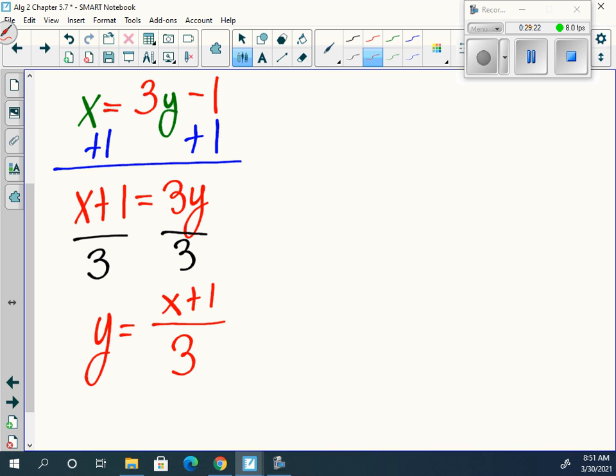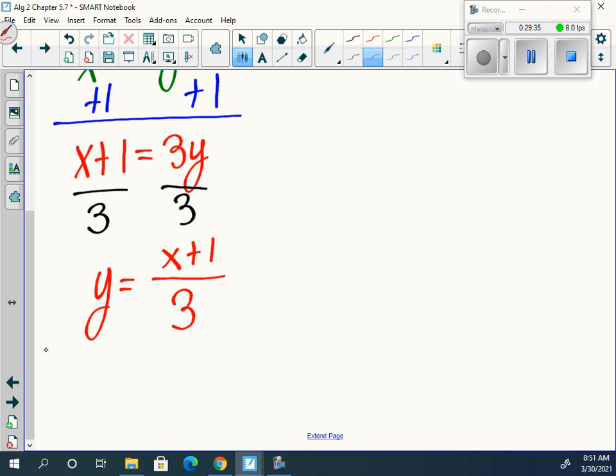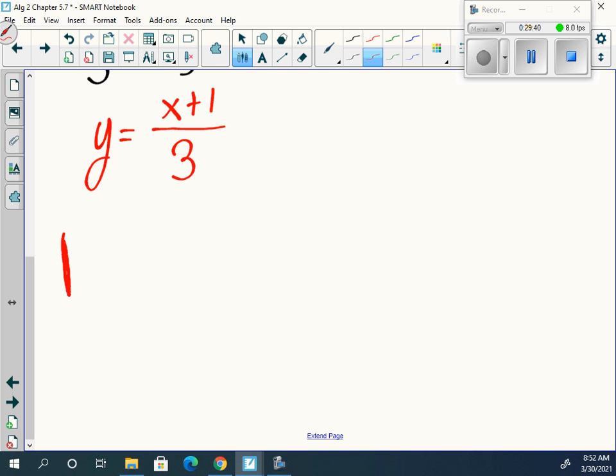So our first main step was to rewrite f of x as y. Our second step was to switch x and y. Our third step was to get y by itself, which we did. Now the fourth step, last step, is that we need to switch y to f inverse of x.